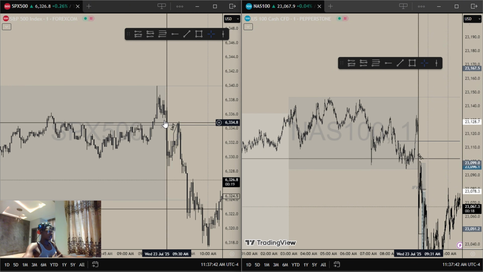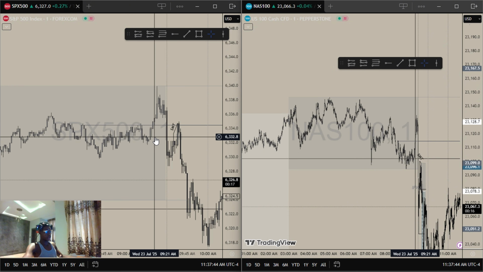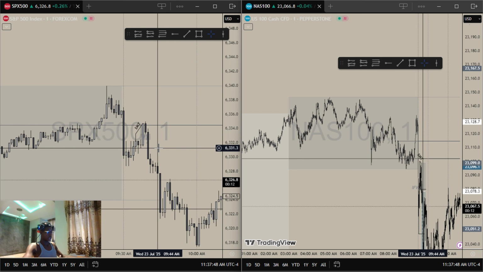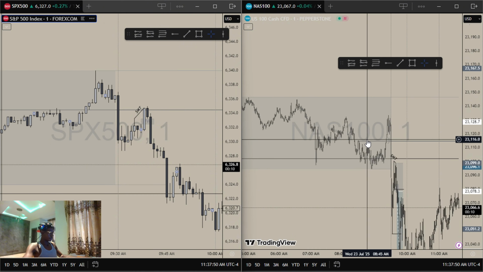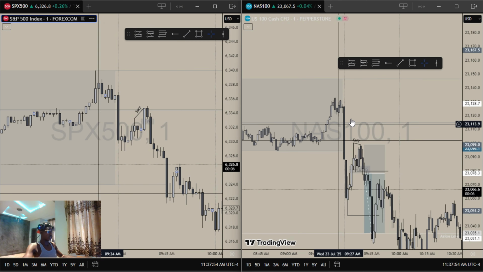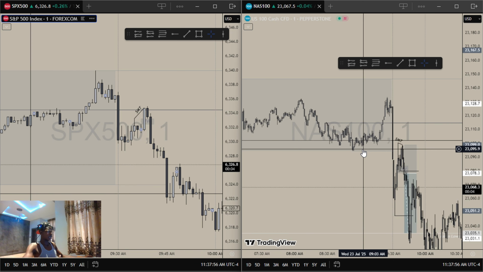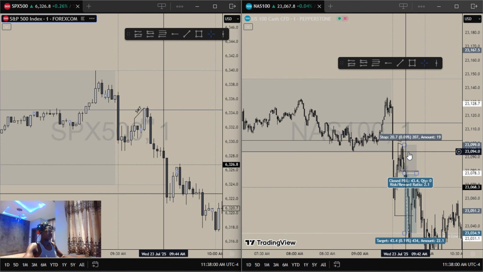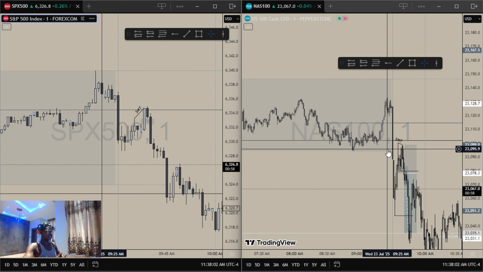The issue with this is I ended up missing this trade because I came seconds late into the market today. When I came in, I already saw the market dropping, and this would have really been a good trade for me. But I wasn't trying to chase the move or anything. If I had already missed the setup, I would just wait for another setup to form.